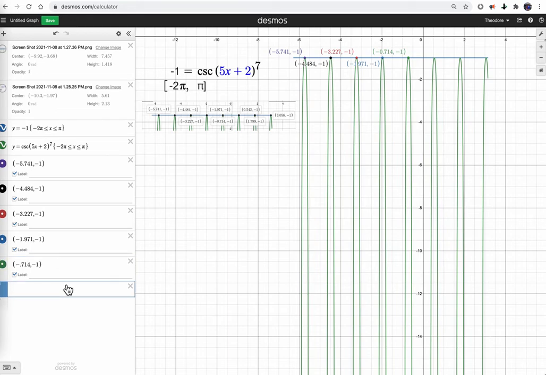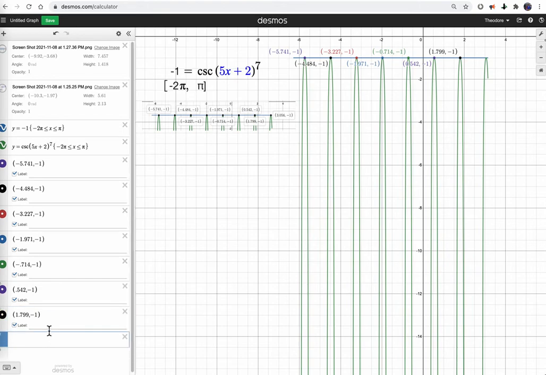All right, 0.542. 1.799. And 3.056. Now these are all the coordinates of the intersection.